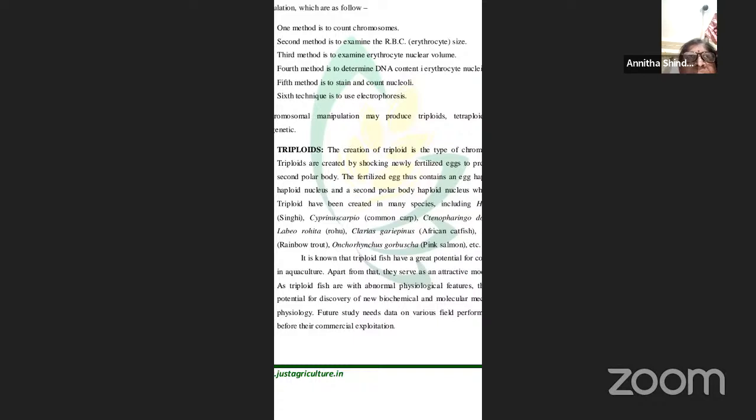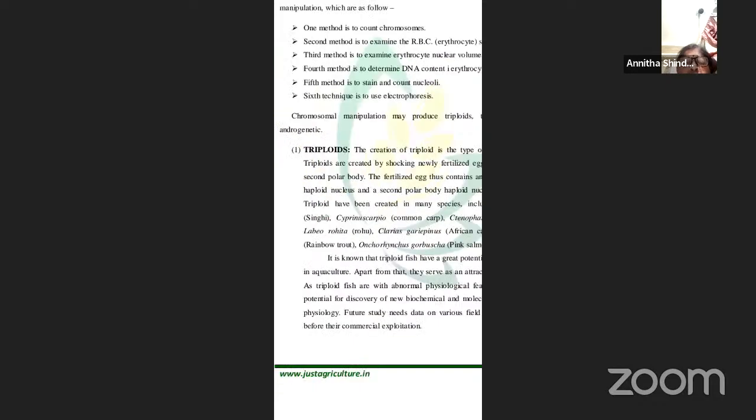See, this is there in your syllabus. Don't get confused. Gene manipulation in fishes, genetic manipulation in fishes, or chromosomal manipulation in fishes mean one and the same. Now what is the use of creating this triploid fish? They are saying that this triploid fish has great potential for commercial exploitation in aquaculture. When you go for aquaculture, the triploid fish has great significance.